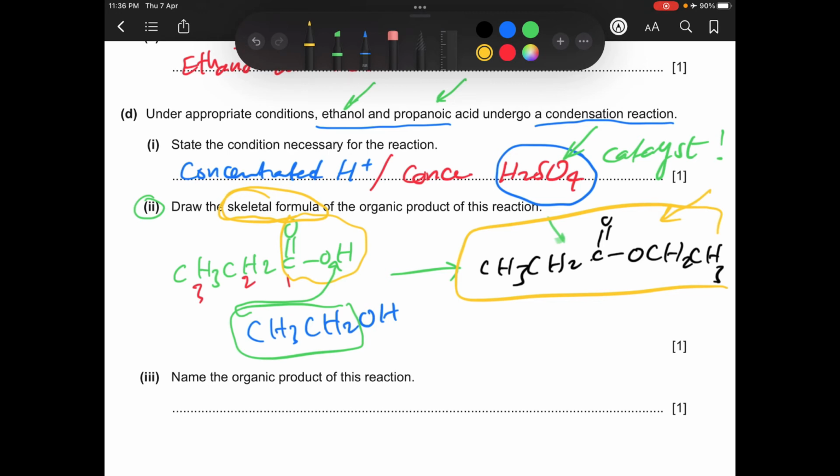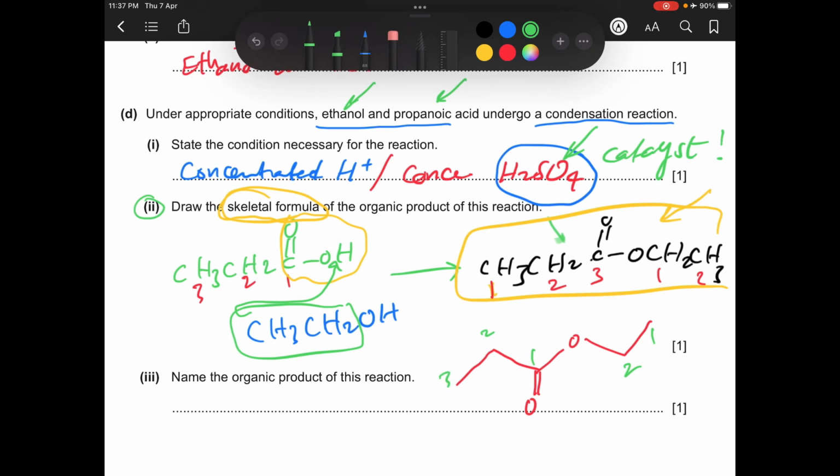First of all, draw 1, 2, 3, and here you have a double bond and oxygen, and then 1, 2. This is the skeletal formula of the compound. You have 1, 2, which is ethyl, and 1, 2, 3, which is propanoate.